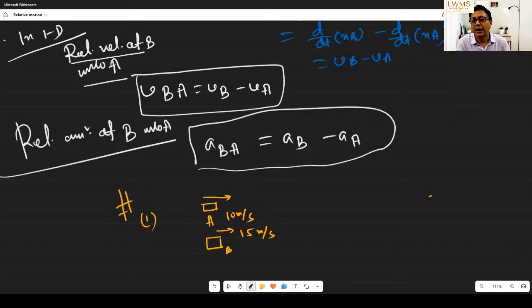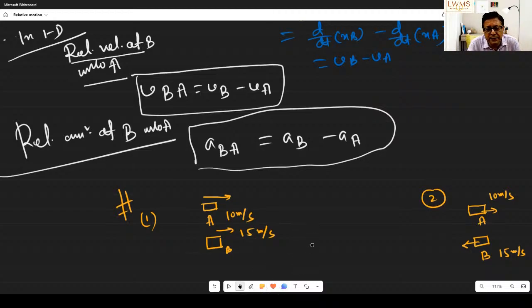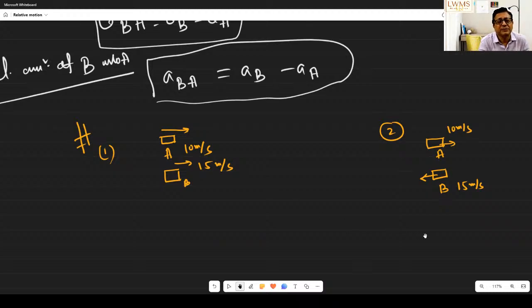Clear? And number 2, same thing, only A going towards right with 10 meter per second, B is going towards left with 15 meter per second. Your problem is to find VBA and VAB.